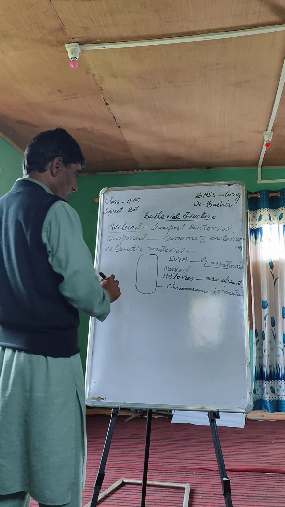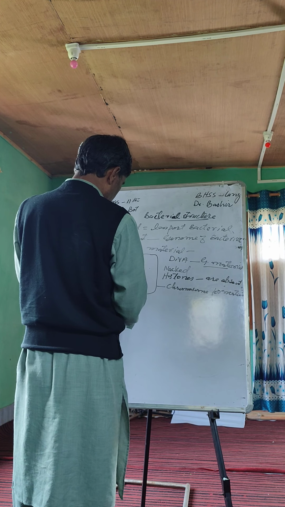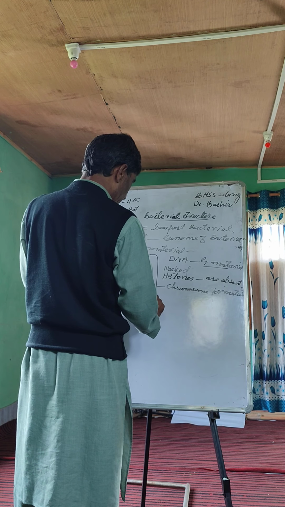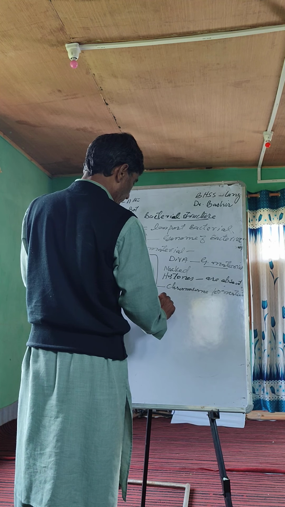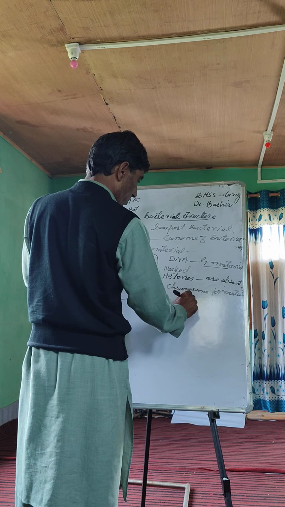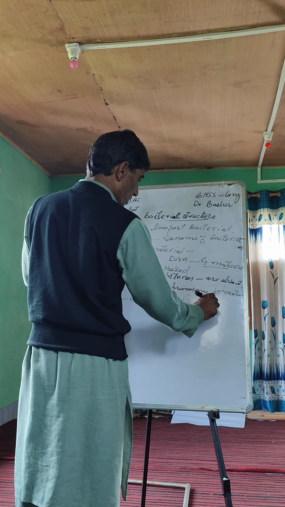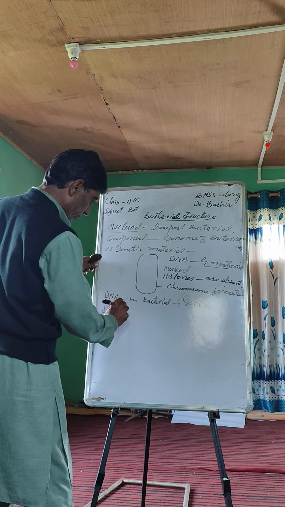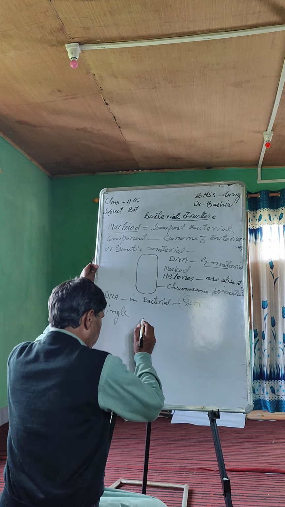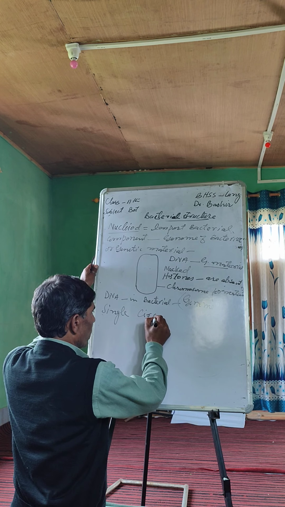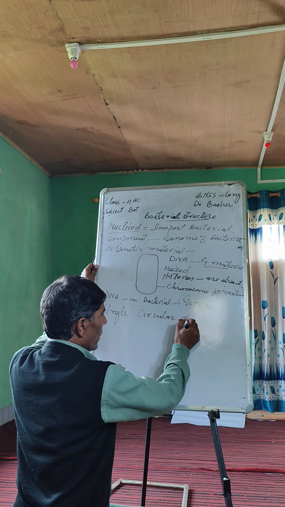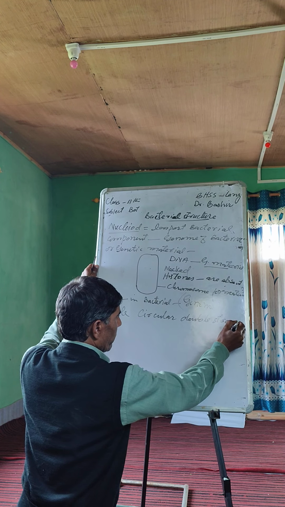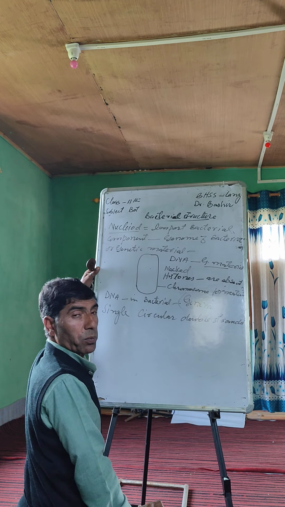Also, the genetic material, or the DNA in the bacterial cell, that is the genome of bacteria, is a single circular double-stranded DNA occupying much of the portion of the cell.